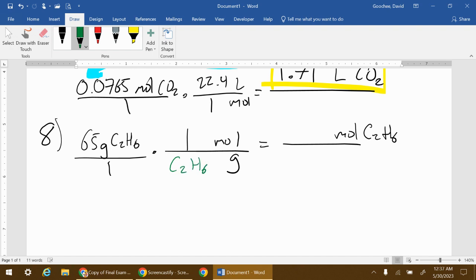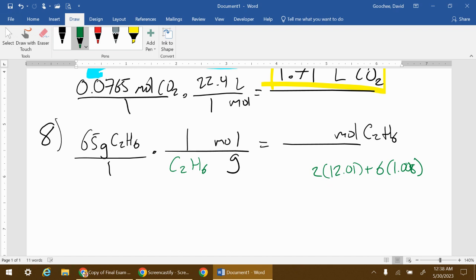C2H6. I'll do some rough calculations over here. Carbon is 12.01, so 12.01 grams per mole times 2, plus 6 hydrogens, which is 1.008. So altogether, the molar mass of C2H6 is 2 times 12.01 plus 6 times 1.008.